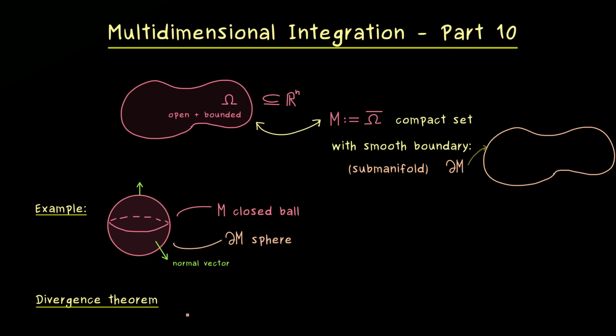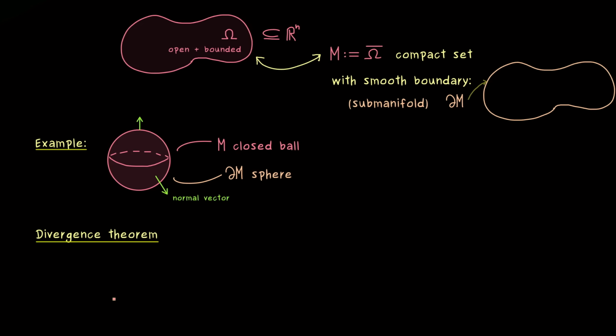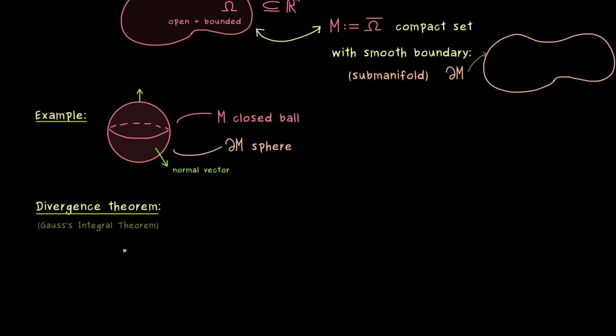And you might already know, this one is also known as Gauss's integral theorem. And as already mentioned, if you want to see the proof of this theorem, please look at my manifold series. Here we don't need to be too abstract because we just work in Rn. So we have a compact set M that comes from an open set in Rn.